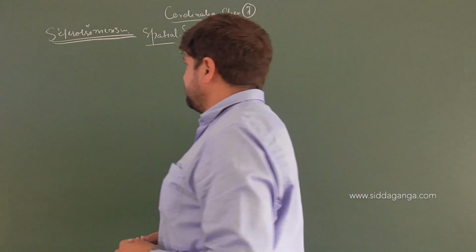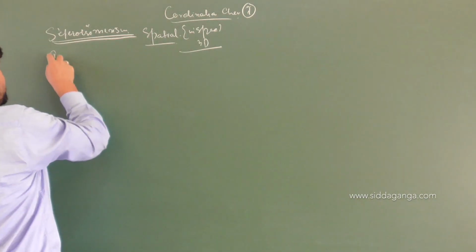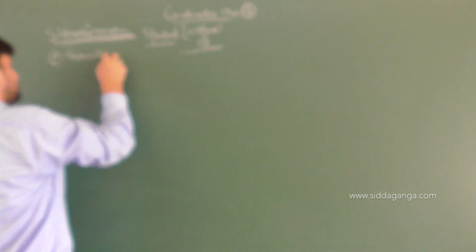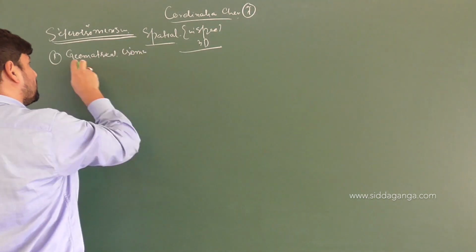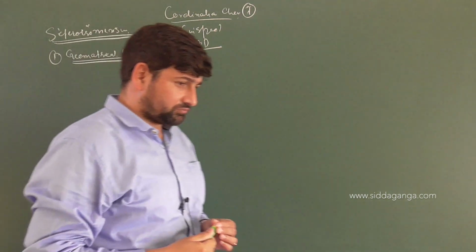Now, as we mentioned, stereoisomerism is of two types. So the first discussion that we are going to do now is geometrical isomerism. Geometrical isomerism.